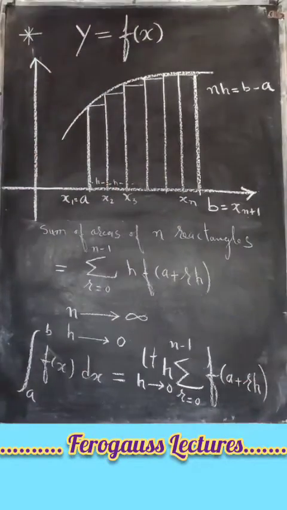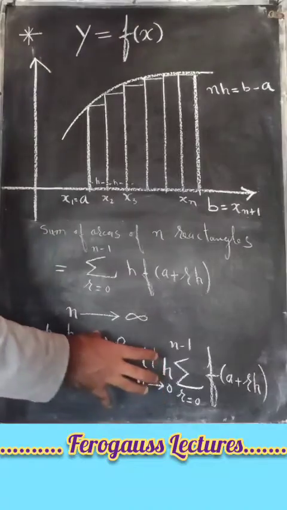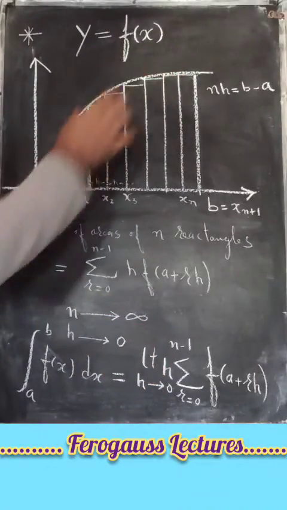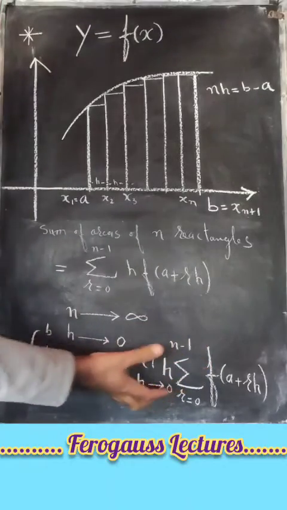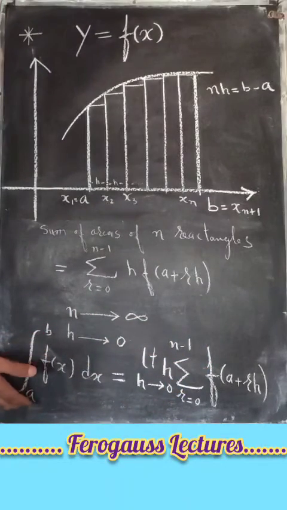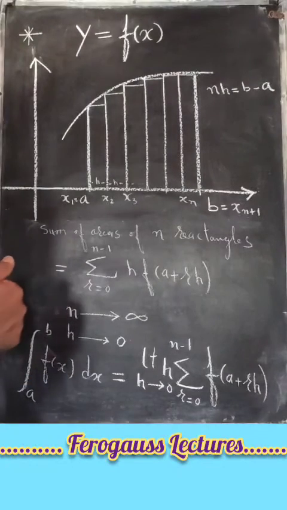Now this is the area under curve y is equal to f(x) between two given points a and b, and we can represent this area by this integral a to b f(x) dx.